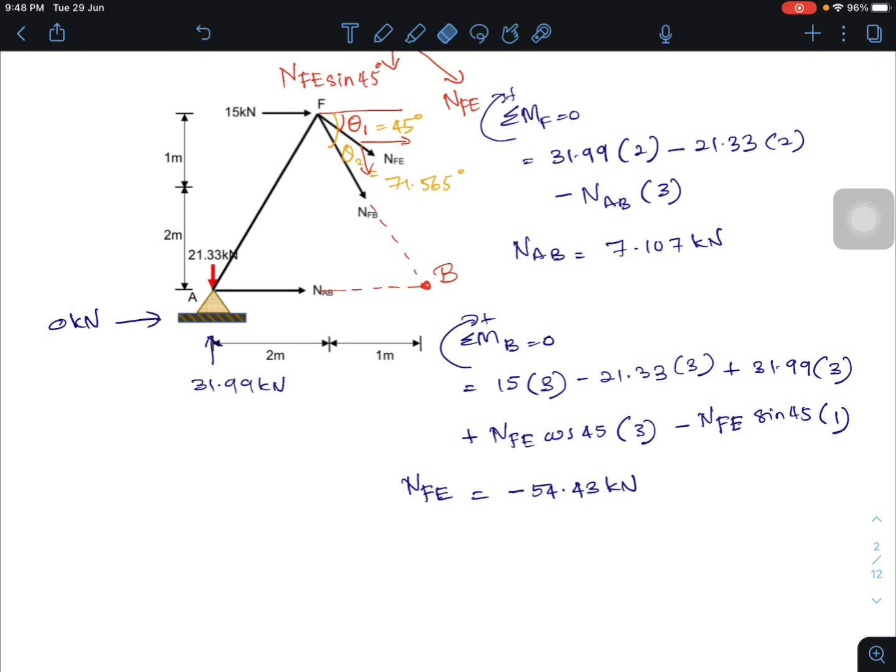And finally, I want to calculate NFB. For NFB, I prefer to use vertical equilibrium equation.